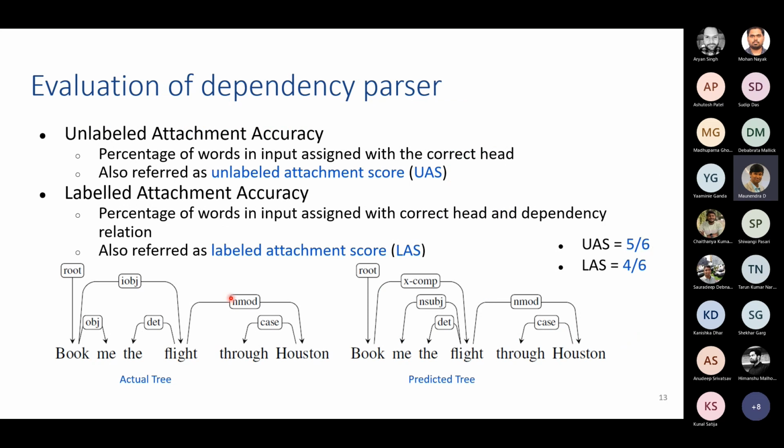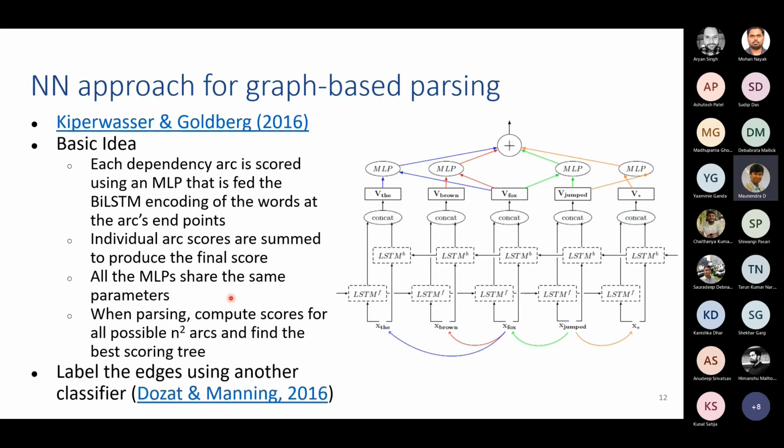Okay, now so far we talked about what is meant by dependency parsing. We looked at how a dependency tree looks, and what information it gives. We looked at some demo. We then looked at a few algorithms. There is an algorithm framework for shift reduce parsing that we looked at.